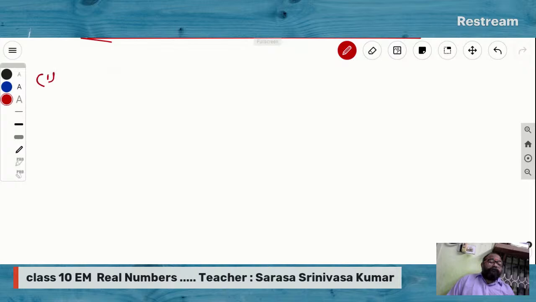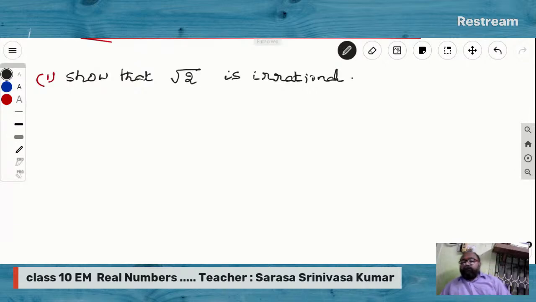First problem, show that square root of 2 is irrational.